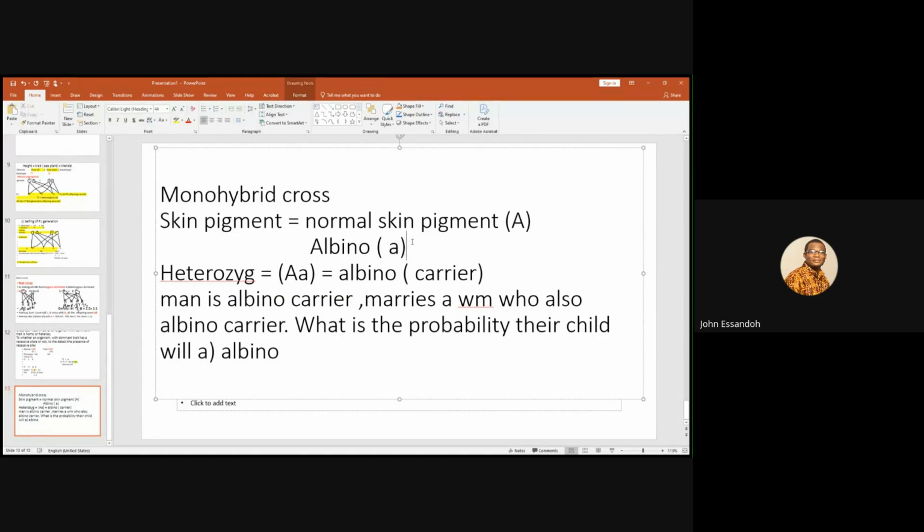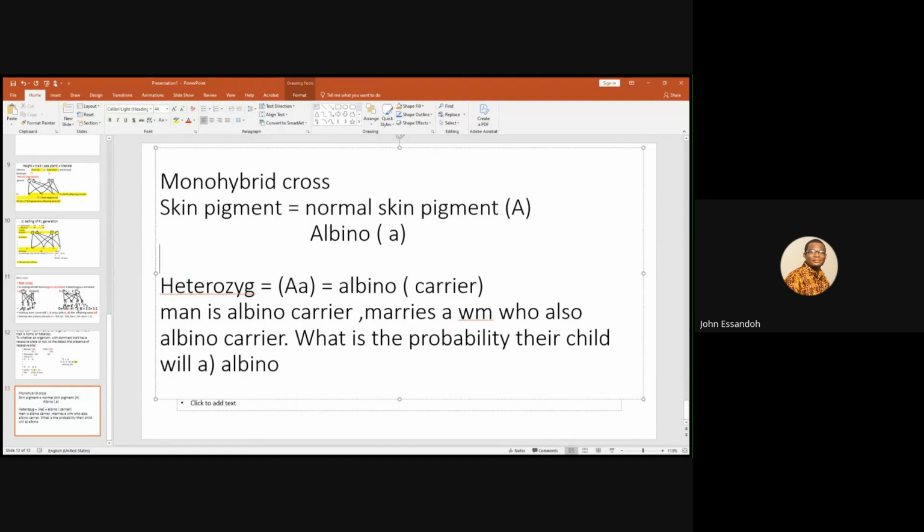So listen, because albino is recessive, capital A capital A is normal skin pigment, and capital A small a will also have normal skin, but we refer to them as carriers.